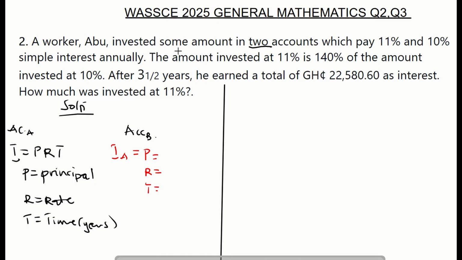In the same way, I'm going to get the same information for account B: my principal, my rate, and my time.